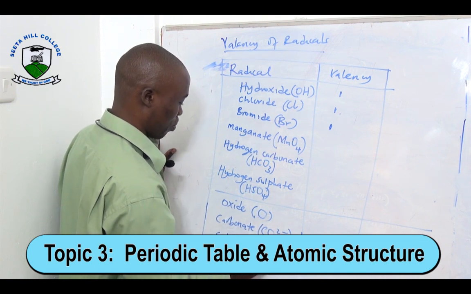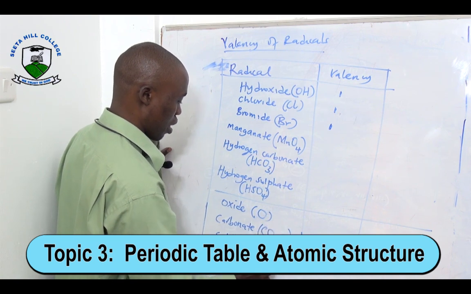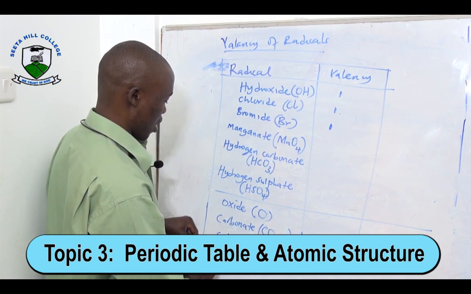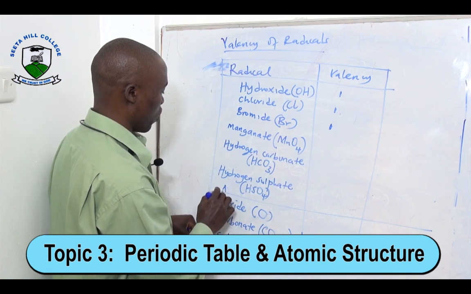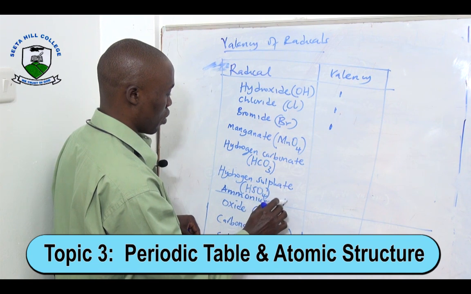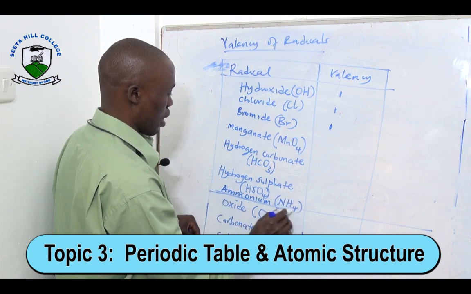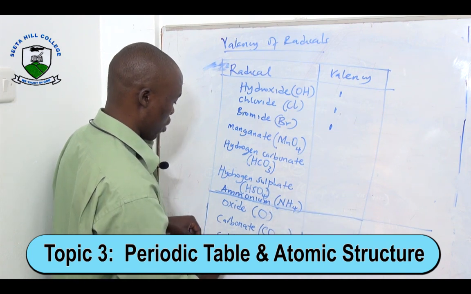There you are. Ammonium. Oh, ammonium, we left it here, sorry. Don't forget our ammonium is NH4, also among the valences of 1.